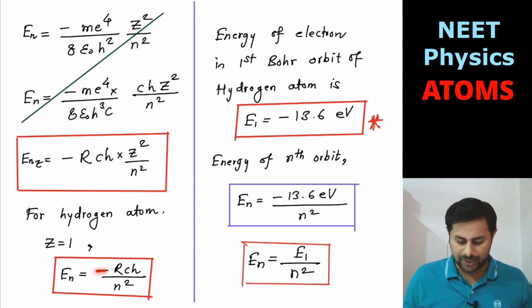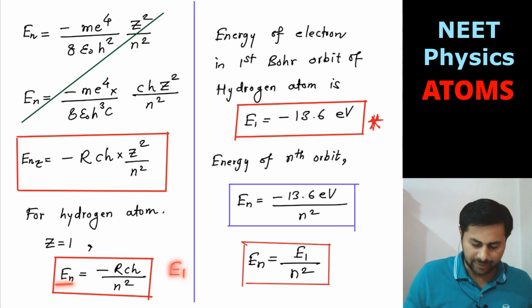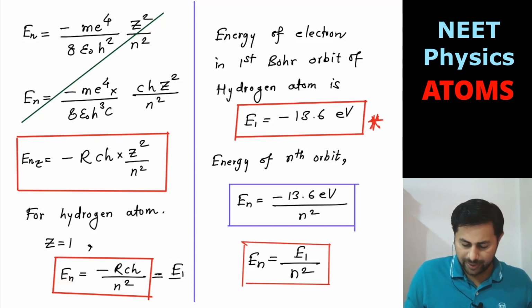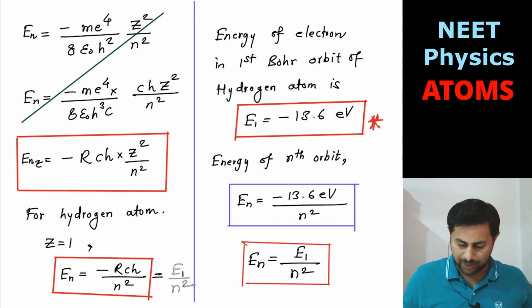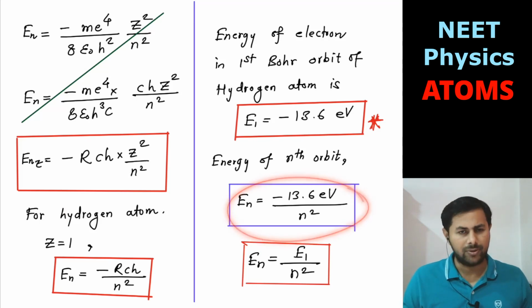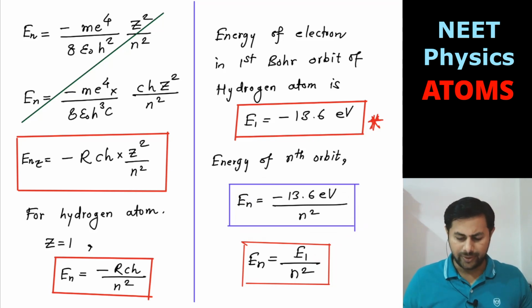Energy of the nth orbit is just equal to minus RCH, whose value is 13.6 electron volts, divided by N square. So E_n is just equal to E1 divided by N square, and E1 is minus 13.6 electron volts. We had seen these formulas yesterday.